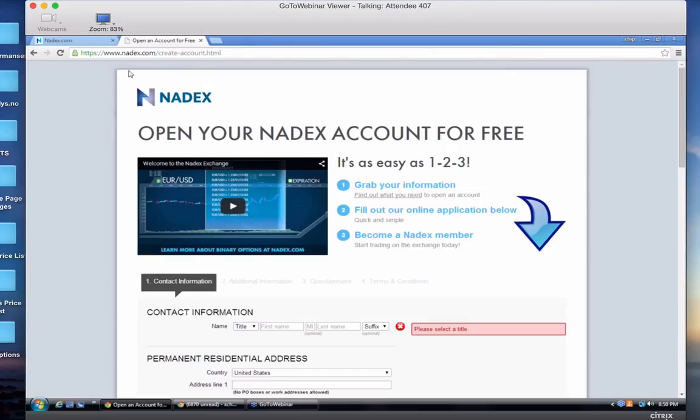And the settlements on Nadex almost happen instantaneously, cash settled. It's not like in equities with Regulation T plus two. It's instant to your account, all cash settled.